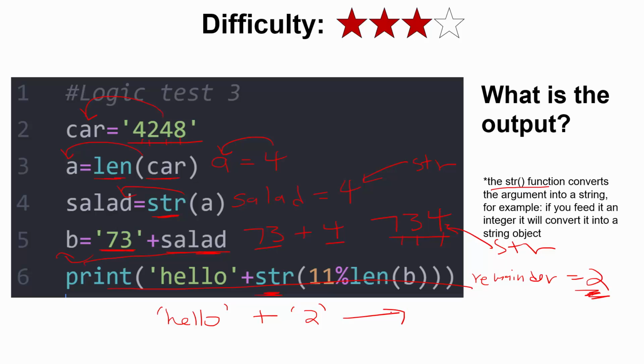When we print this on a terminal, the solution is hello and 2, which is concatenated to it. So this one was definitely a bit trickier, but hopefully this all makes sense.